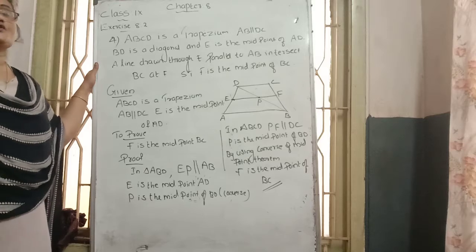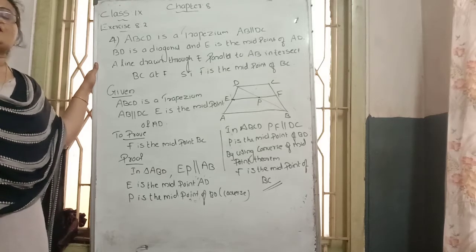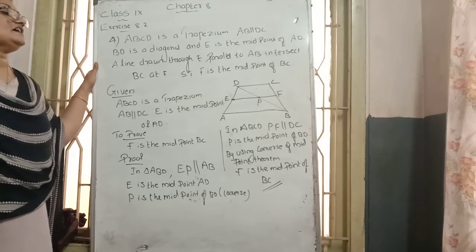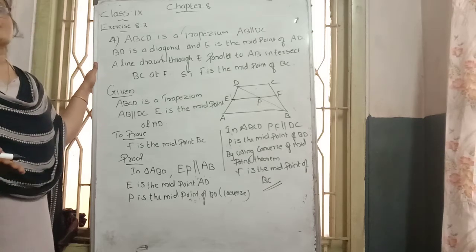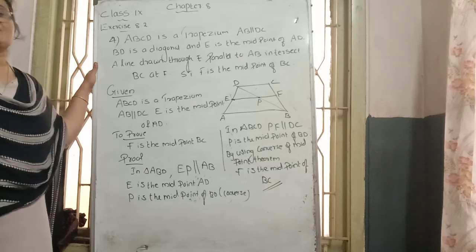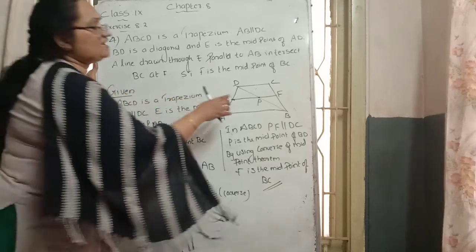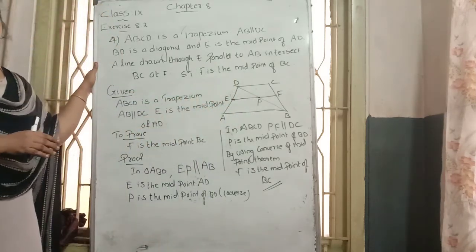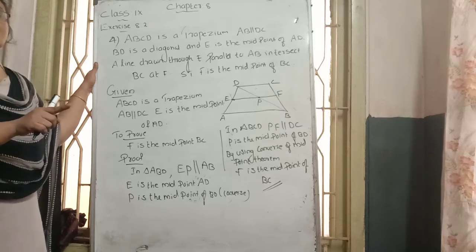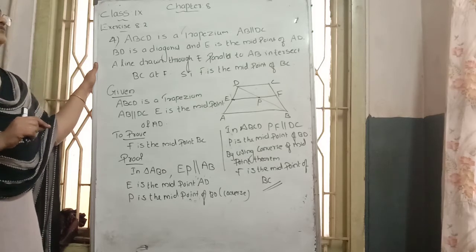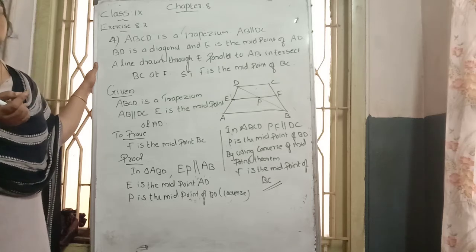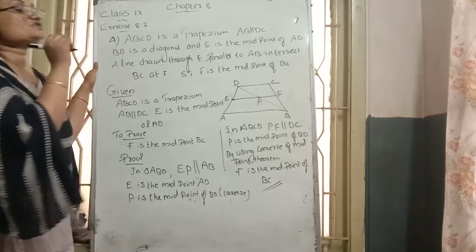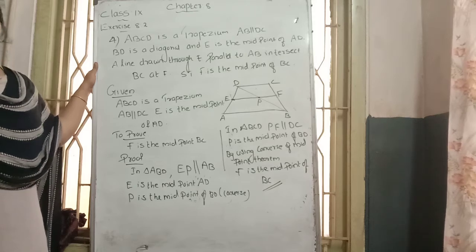That's why we draw the line EP parallel to AB. Since E is the midpoint, P also becomes the midpoint of DB. Then PF is parallel to DC, and since P is the midpoint of BD, by the converse of the midpoint theorem F is the midpoint of BC.